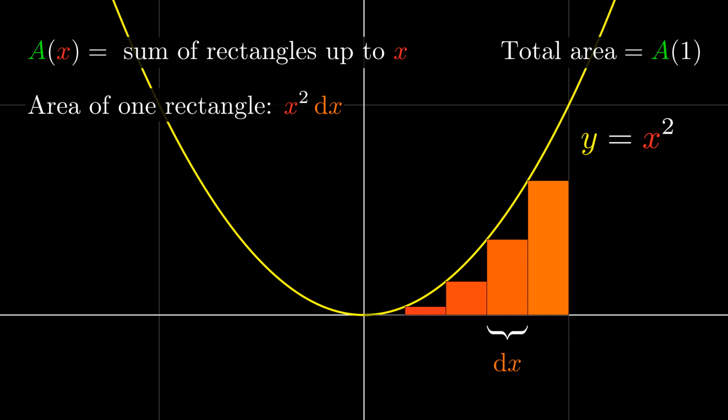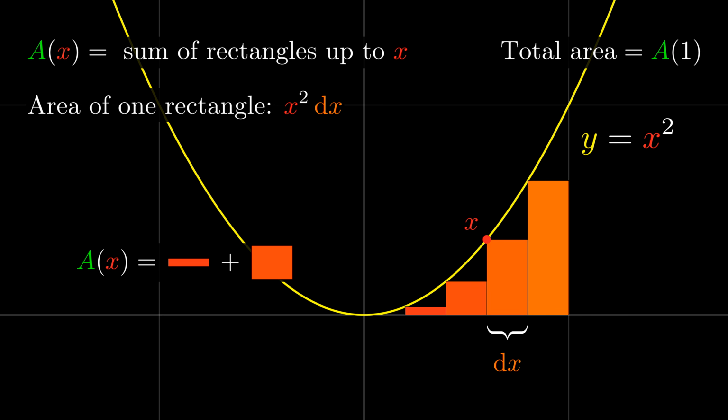However, at this point, all we know is how to calculate the area of a single rectangle. Is there some way we could represent this area using A? Let's say x is here again. Then, as we said before, A of x is the sum of the area of these two rectangles. Unfortunately, it seems that A of x doesn't actually take the rectangle that has an area of x squared dx into account.